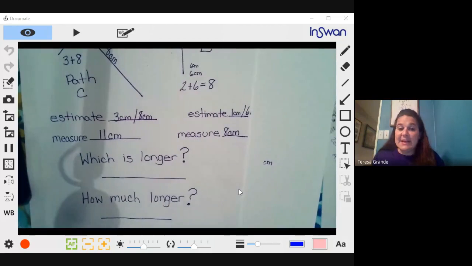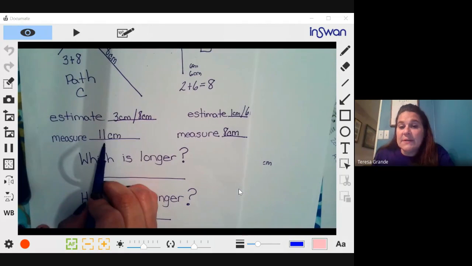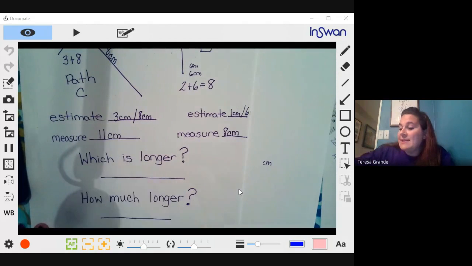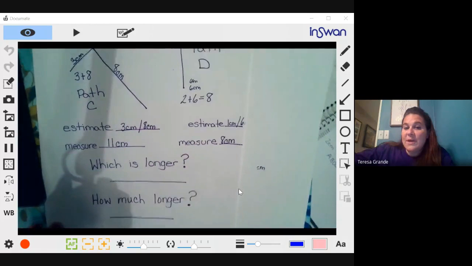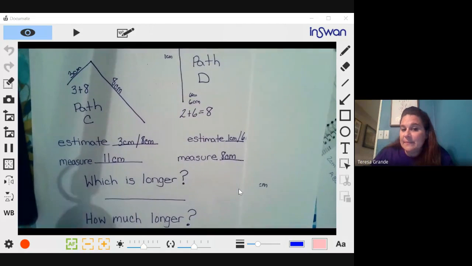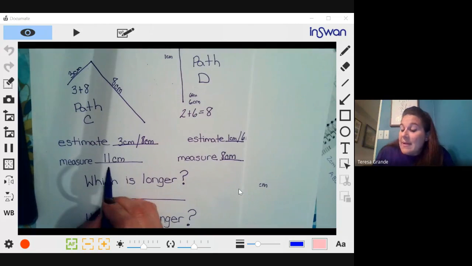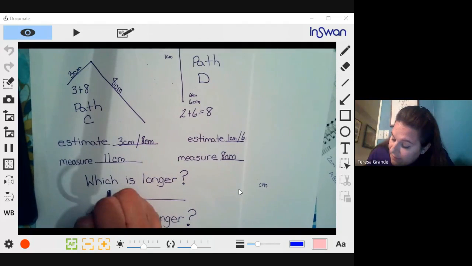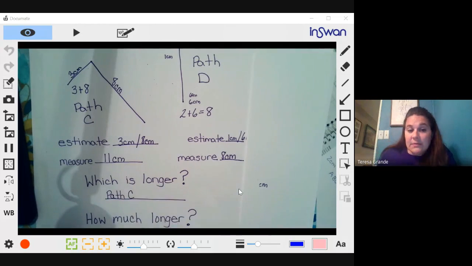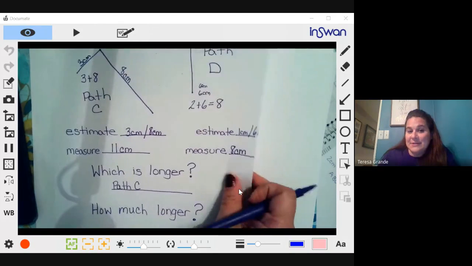Is path C longer with 11 centimeters? Or is path D longer with 8 centimeters? Right. Path C is longer. How much longer?